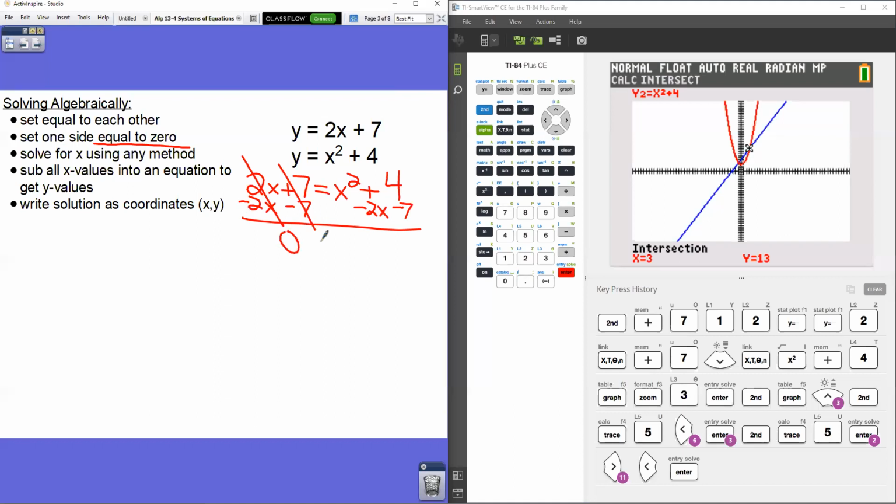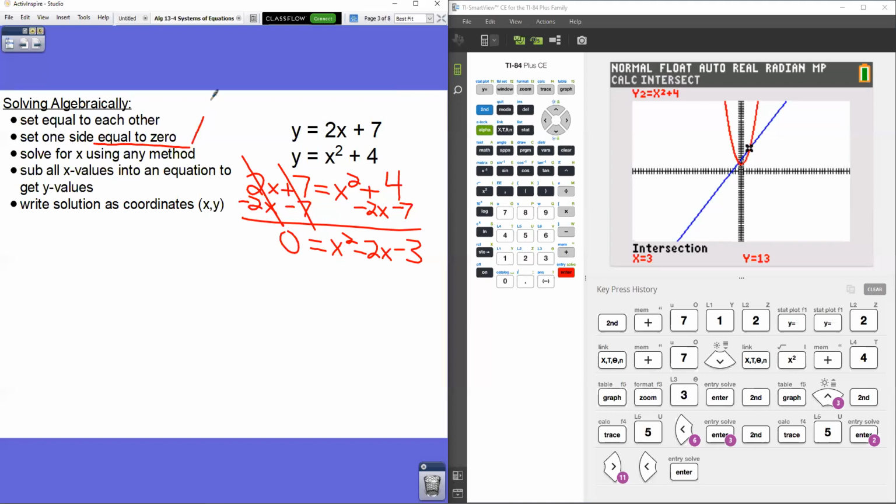So I now have 0 equals x squared minus 2x, 4 minus 7 is -3. Now it looks like something that I can solve for x. Think back to the last chapter. Notice the next bullet says solve for x using any method.